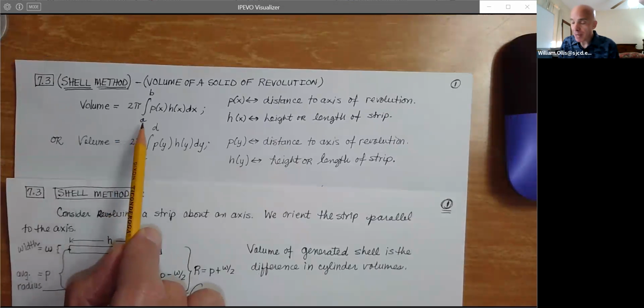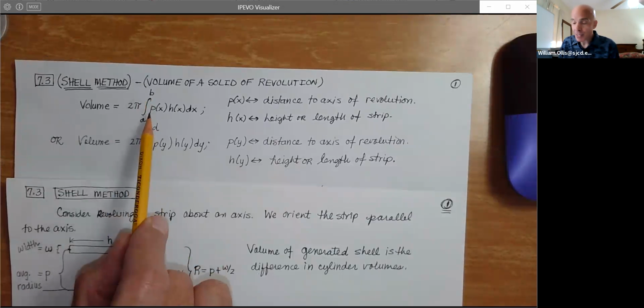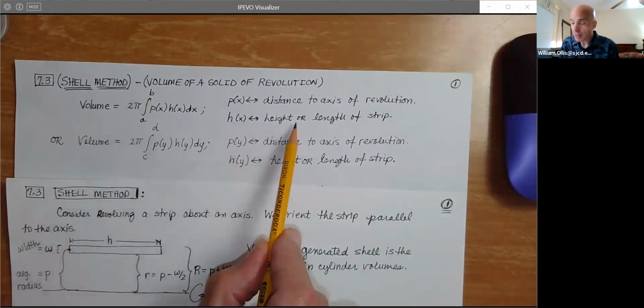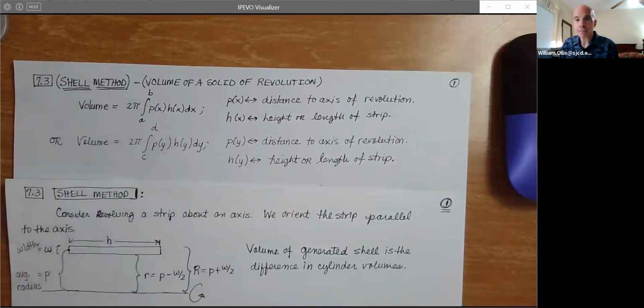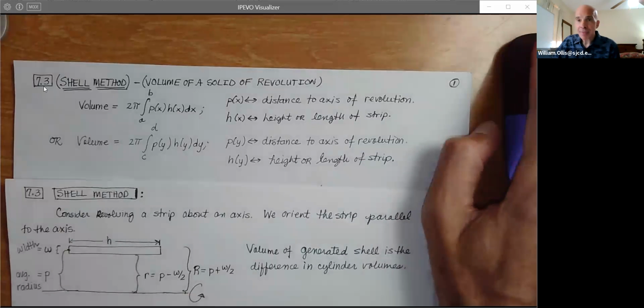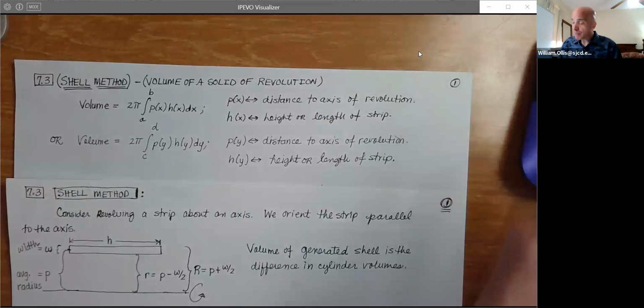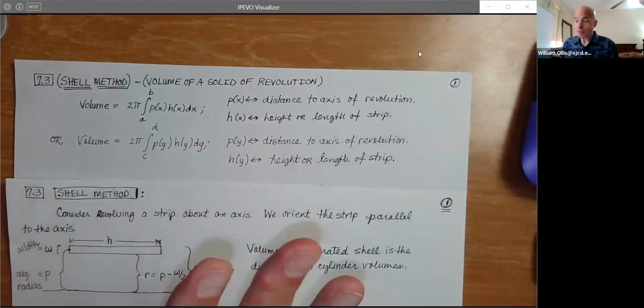We integrate from a to b, distance to the axis of revolution, length of the strip or height, omega is replaced by dx. So now what we can see in this particular case is that the formulas look very different.